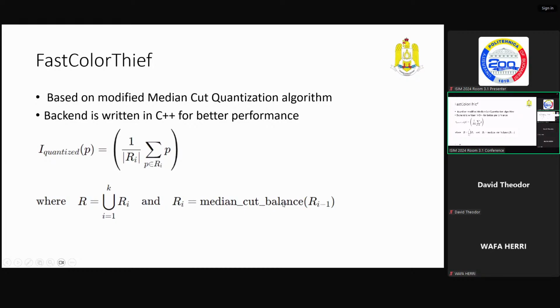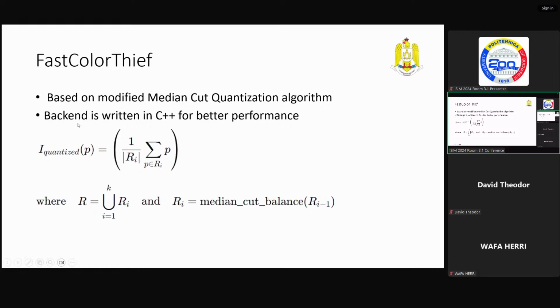Now, in the last part, the color extraction model that is Fast ColorFit, and it's based on the median cut quantization algorithm. Really important to note is the fact that this backend was written in C++ for better performance than used in Python.